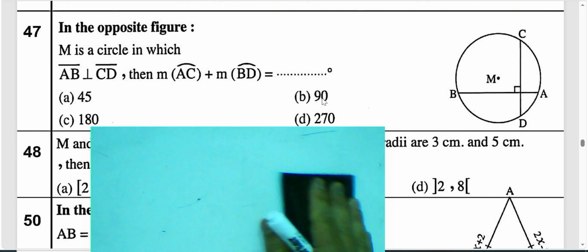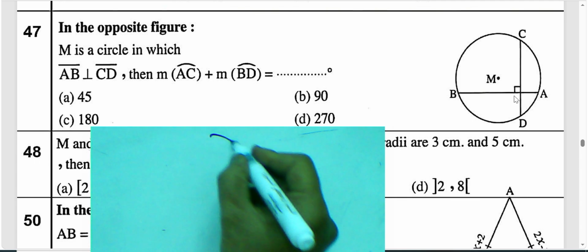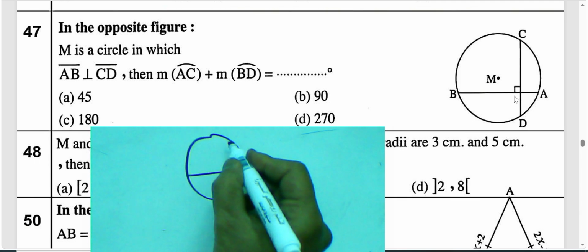Question 47. In the opposite figure, in the center of the circle, EB is perpendicular to CD, and he asked about the measure of arc EC plus the measure of arc BD. We know the opposite angle like this will be X. We will write this angle X. Okay, we have two chords perpendicular.